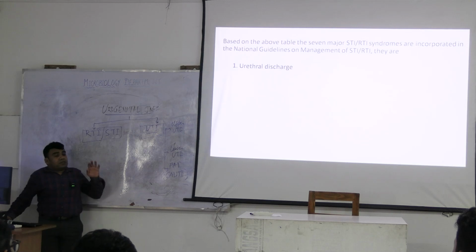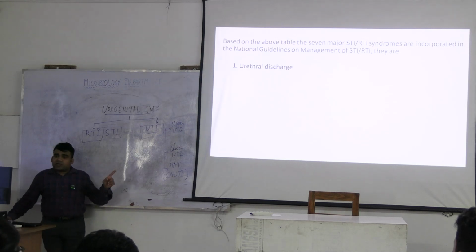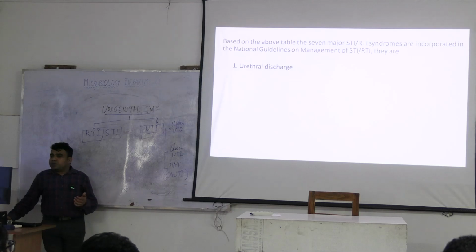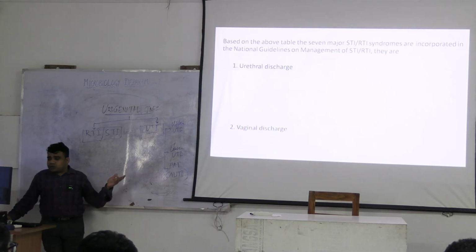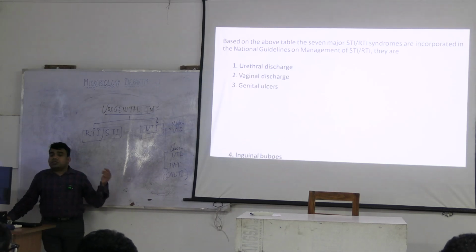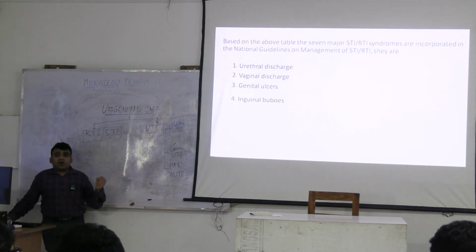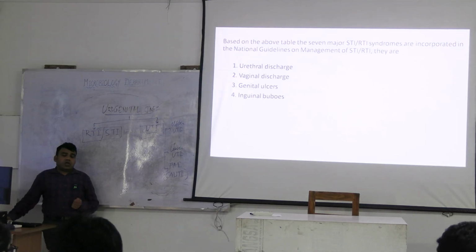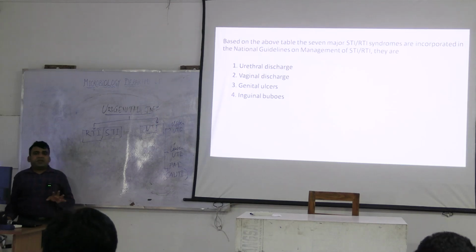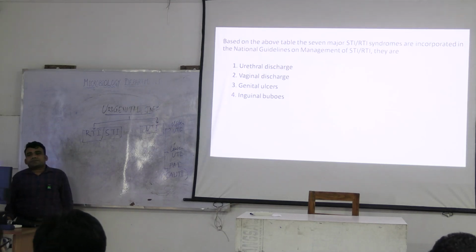So what could be the group of syndromes? The first kind of syndrome is called urethral discharge. Now urethral discharge may be in case of male or female. In case of females it will be vaginal discharge. Another main manifestation is genital ulcers. Next is something called inguinal bubos. Bubo means, any idea what is a bubo? Bubo means swelling.